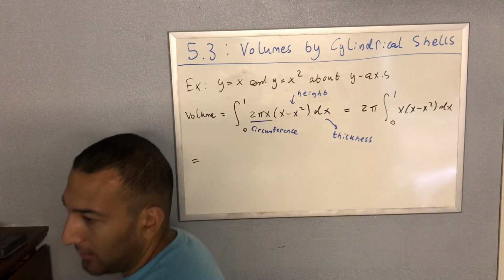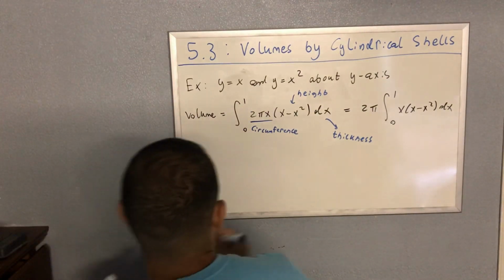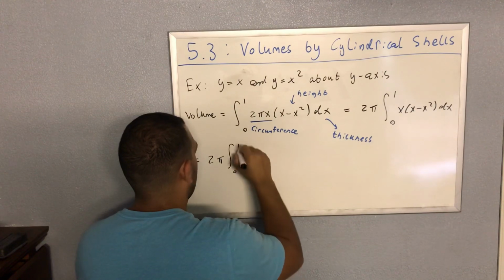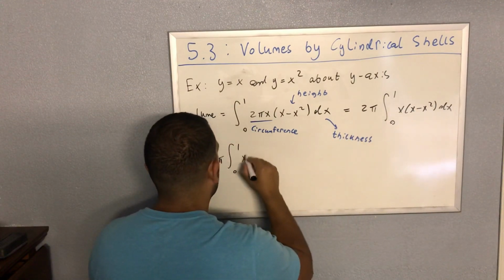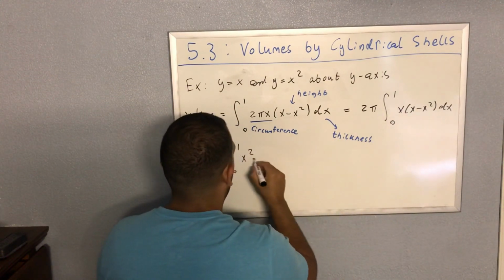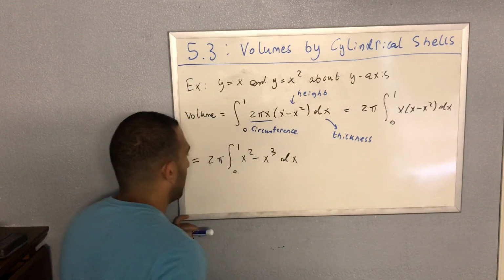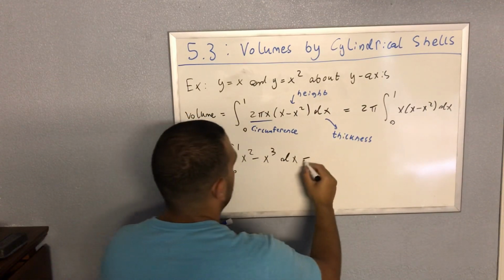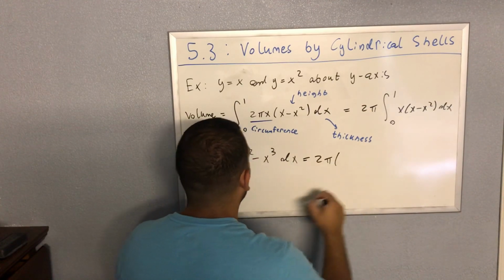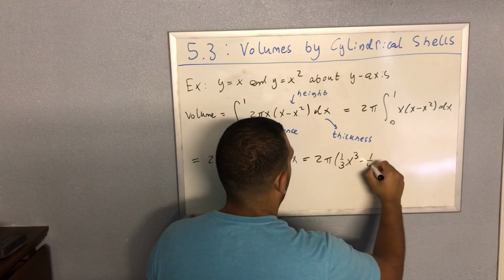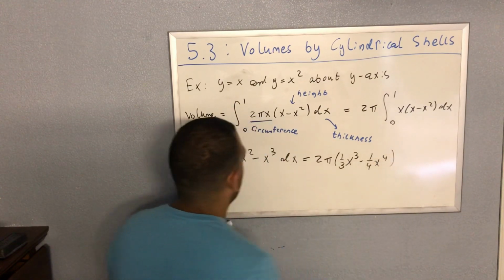And then the x distributes. So you get x times x, which is x squared. And then x times negative x squared is x cubed. Okay. And then at this point, you just take the integral. So this is 2 pi times 1/3 x cubed minus 1/4 x to the 4th.